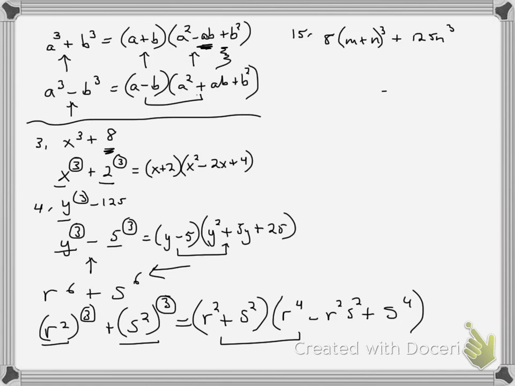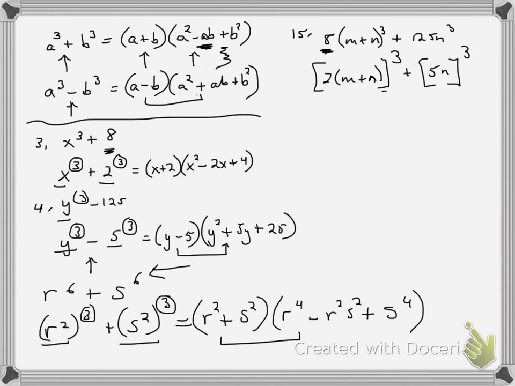I can't pull out an 8, so it's, oh no, I can't. I'm sorry, I was looking at a different problem. Okay, so rewrite this as something cubed, right? So this would be the same as 2m plus n, the whole thing cubed, plus 5n, the whole thing cubed. And now you should be able to just apply your formula. It gets a little longer, but the basic idea is the same.